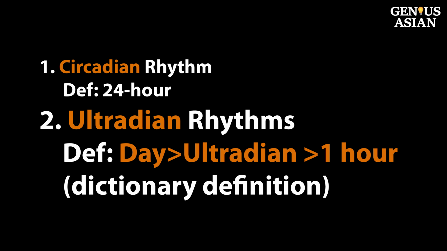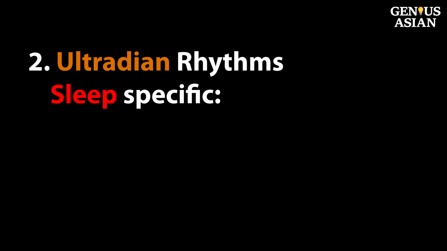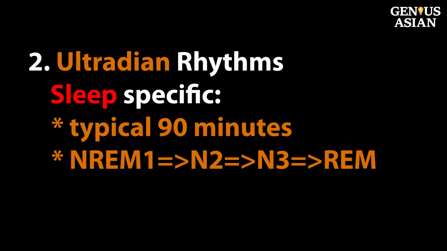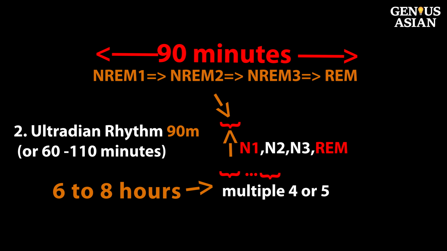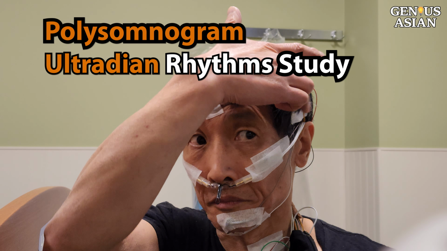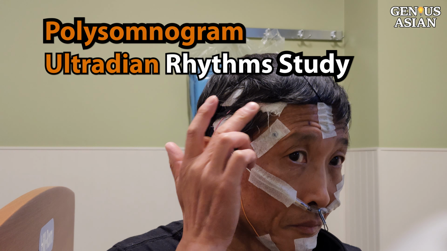This is a general dictionary definition, but with reference to sleep, this term specifically refers to the 90 to 120-minute cycling of sleep stages during the night. This clock starts from the falling edge of the circadian master clock and goes through multiple cycles of NREM1, NREM2, NREM3, and REM. Here I am wired to have a polysomnogram to learn how I fall asleep.